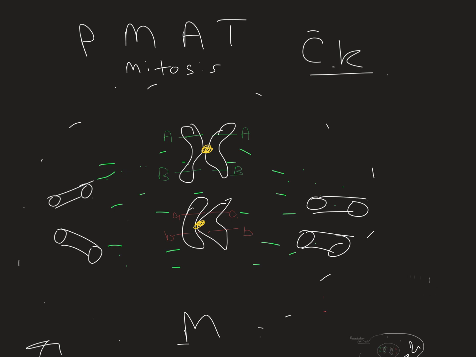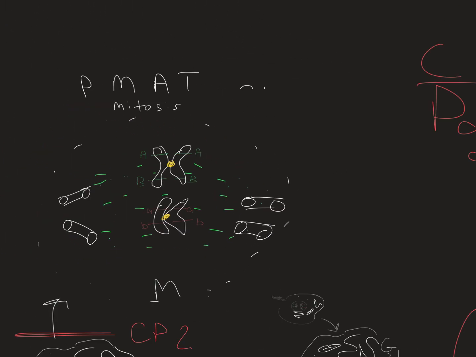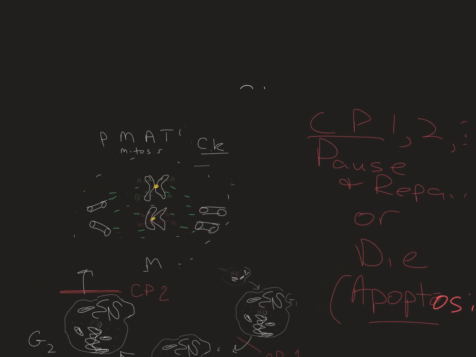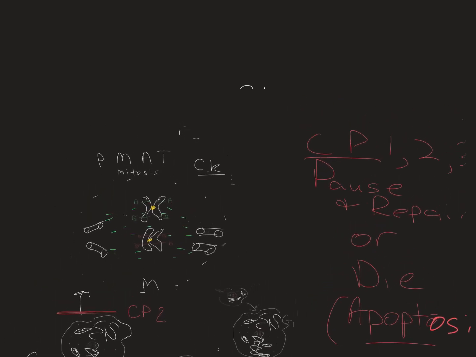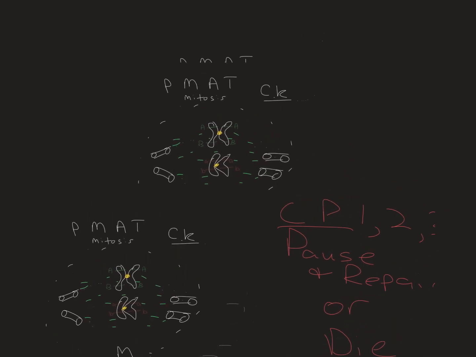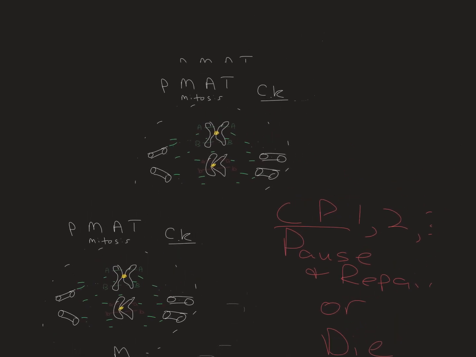Now anaphase, should I draw it? I wonder if I should draw it out, or yes, I should. I was going to just erase, but. So that was prophase of mitosis. Now we can look at metaphase of mitosis.